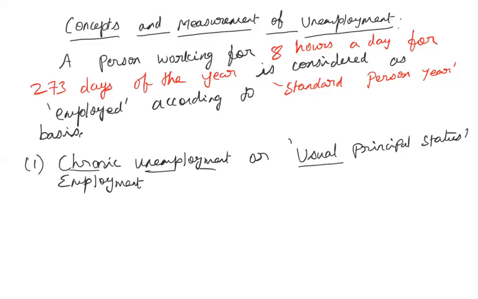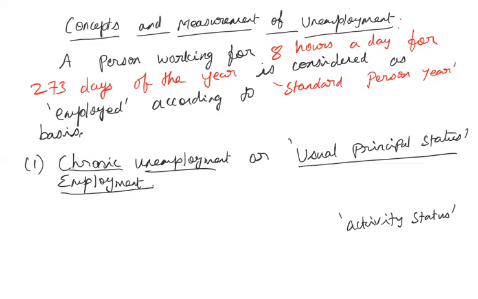So this is measured. How it is checked is that there is something called the activity status. Activity status in the sense of what activity the person is doing. Basically, the activity status of a person for 365 days preceding the survey.